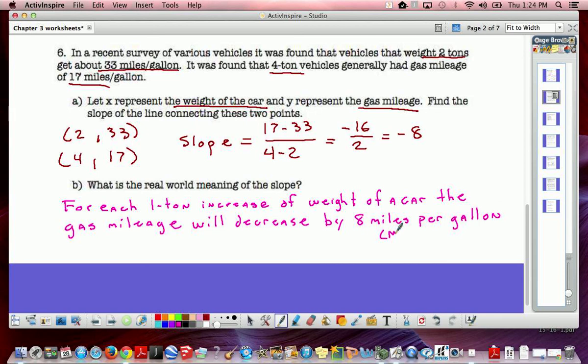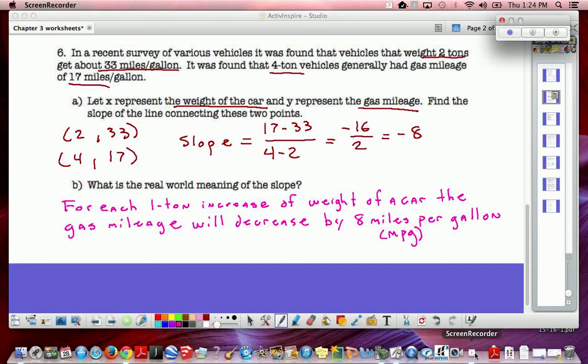If you wrote MPG there, I would be just fine with that. All right, that ends your worksheet for today.